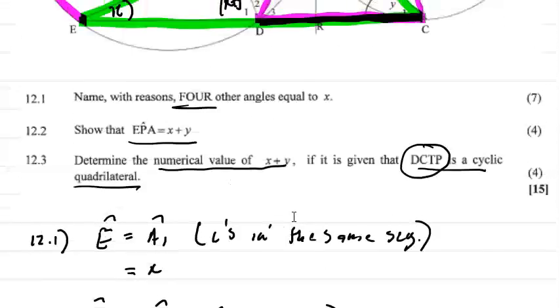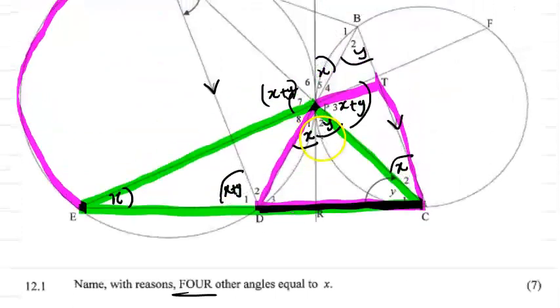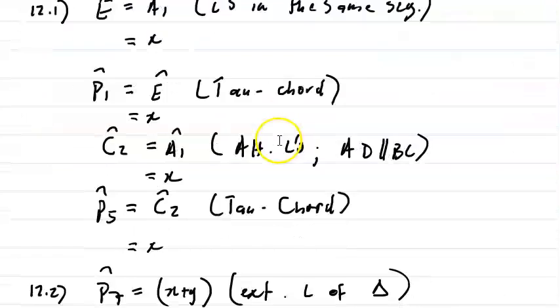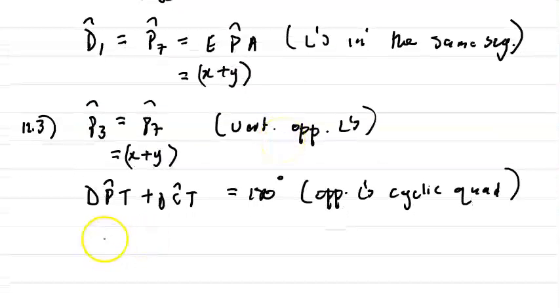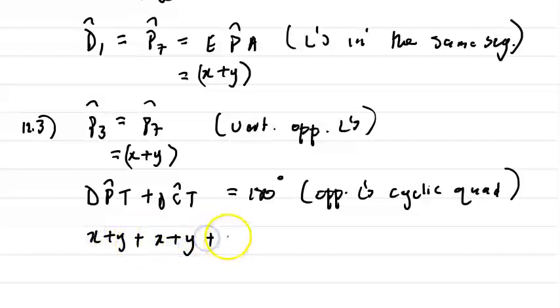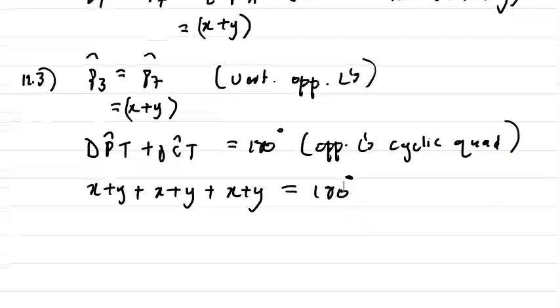So let's now sum all of those angles up. It will be x plus y plus x plus y plus x plus y. So we've got 3 x's and 3 y's. So we have x plus y plus x plus y plus x plus y equals 180 degrees.